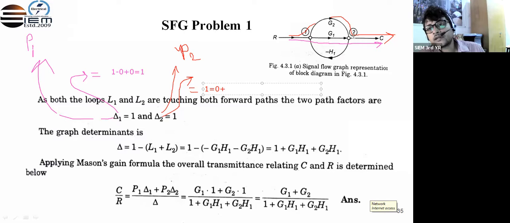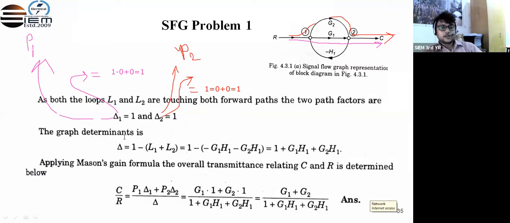All the nodes are touching, so plus 0 equals 1.